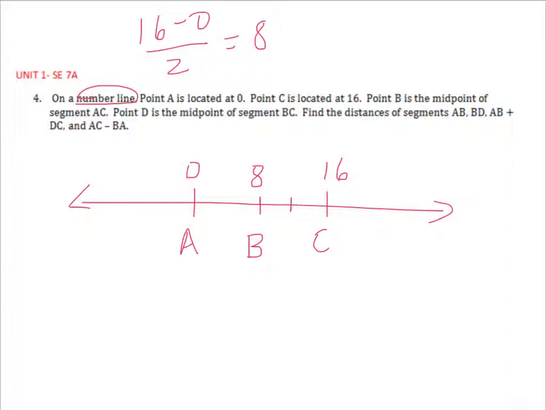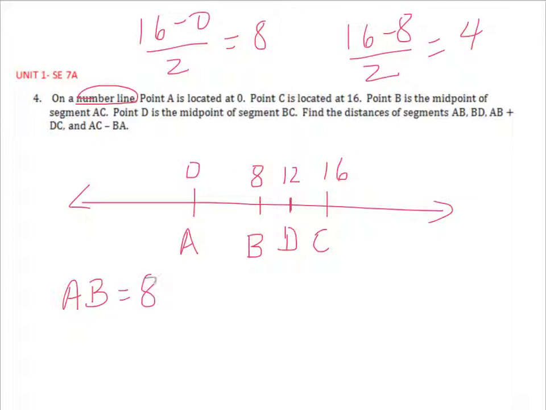Then point D is the midpoint of BC. So here's point D, it's in the middle. And again, we find that point by doing the same thing. We take our endpoints and subtract them. 16 minus 8 divided by 2 is 8 divided by 2, which is 4. So 8 plus 4 is 12. So D is at 12. Now it asks us what's the length of AB. AB goes from 0 to 8, so the length is 8. BD goes from 8 to 12, so the length is 4.